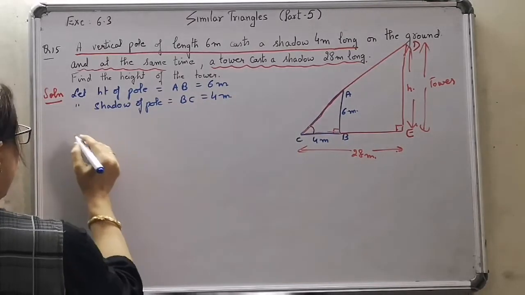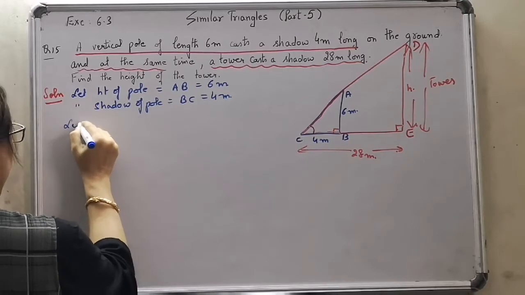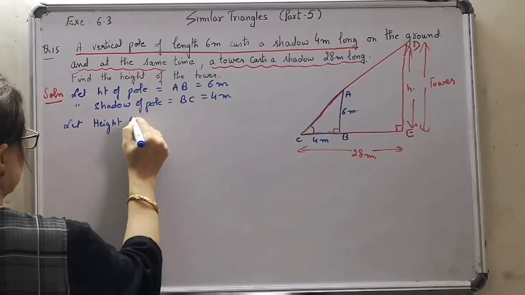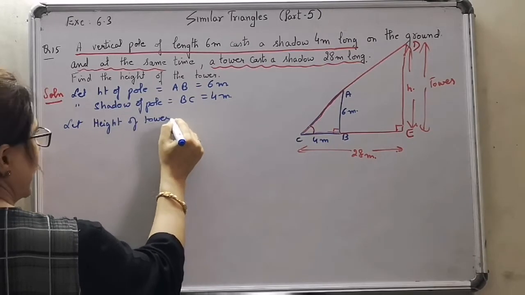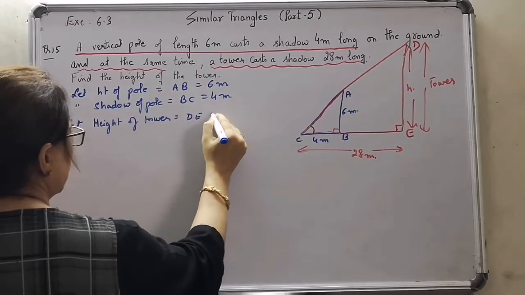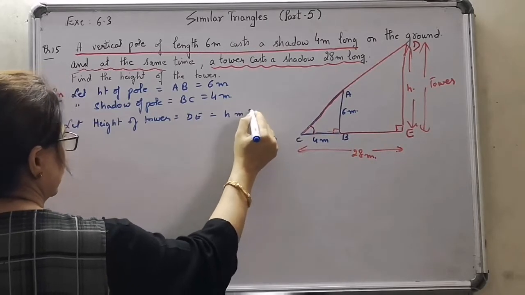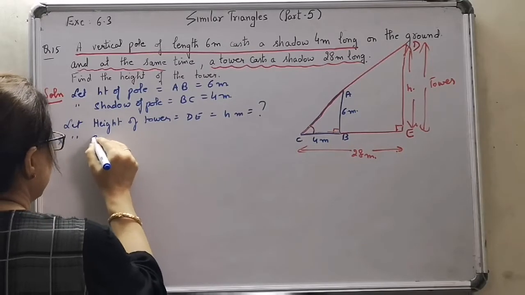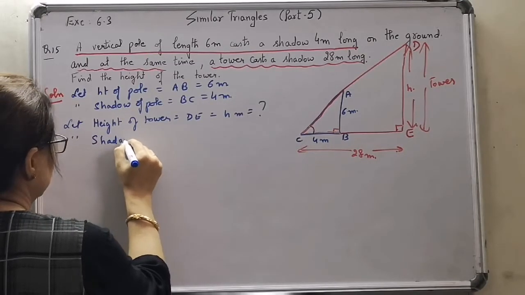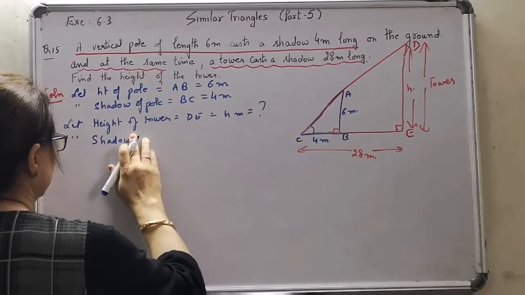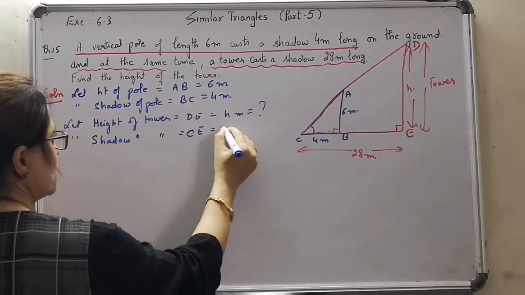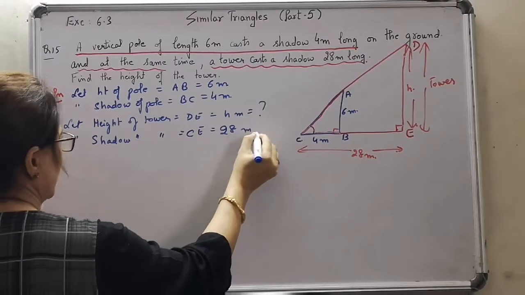After that, let the height of the tower be represented by DE, and let it be H, because we have to find it. And also let the shadow of the tower be represented by CE, which is 28 meters, that is given to us.